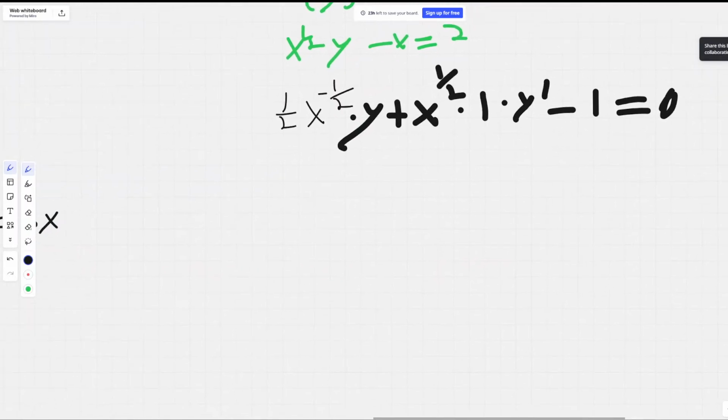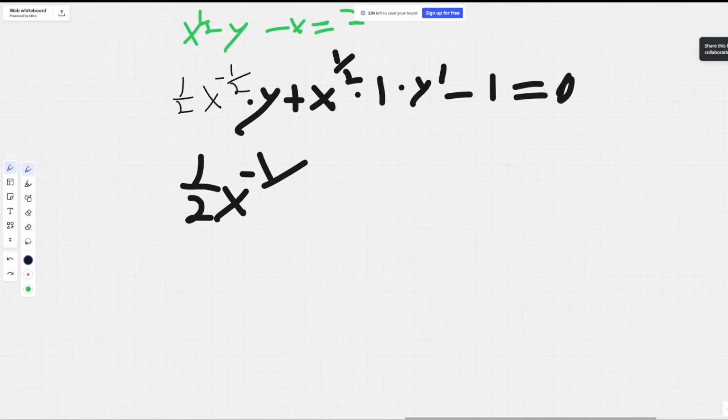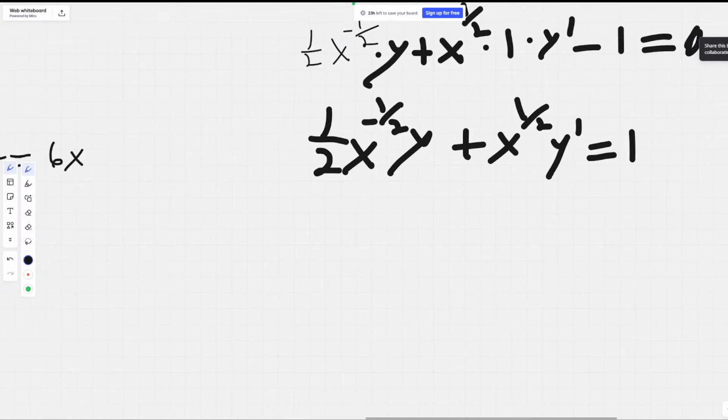Okay, this should be pretty easy to put together. Half x^-1/2 y plus x^1/2 y prime equals 1. Perfect.